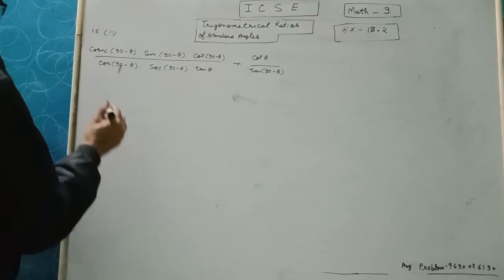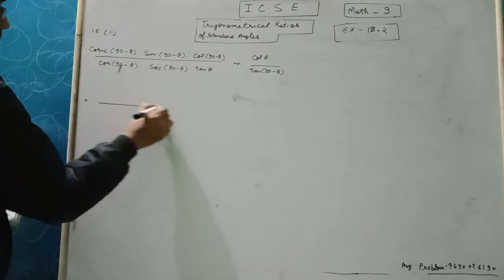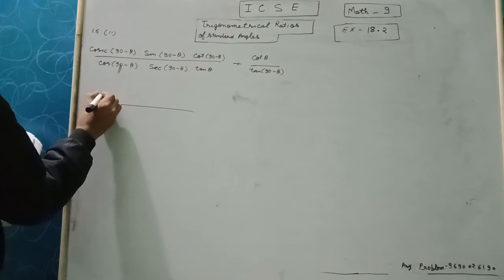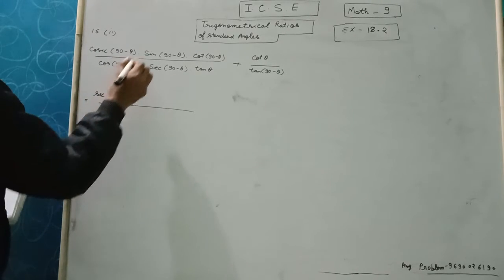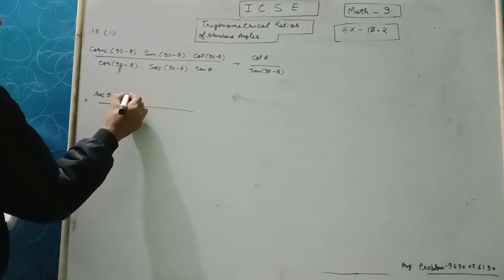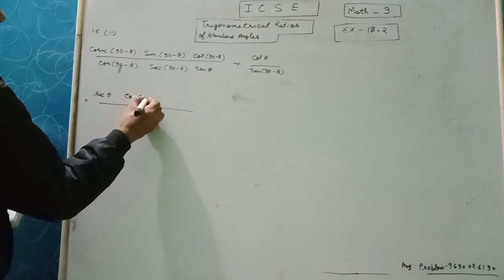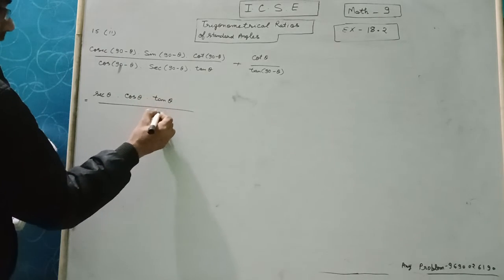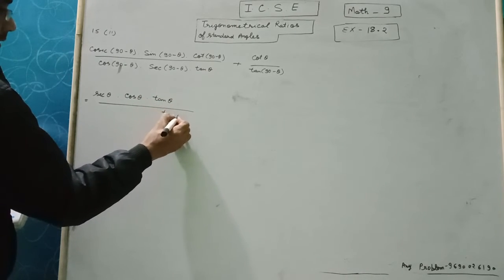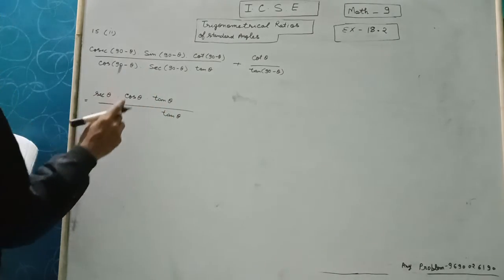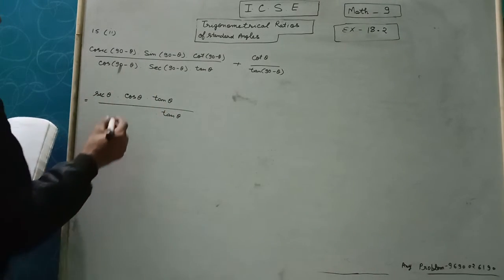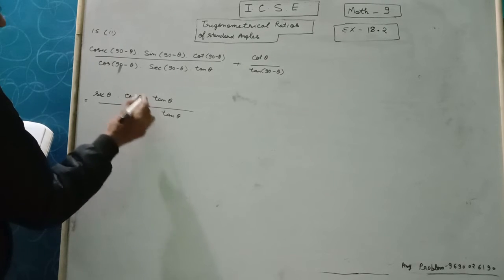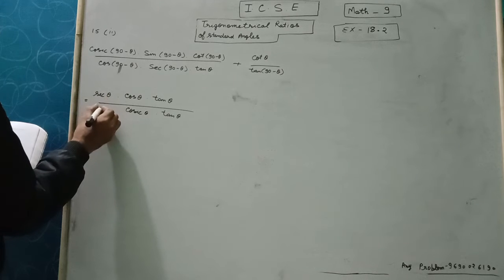The question is equal to: cosec changes into sec θ, sin changes into cos, and cot changes into tan θ. Tan θ into sec changes into cosec θ and cos changes into sin θ.